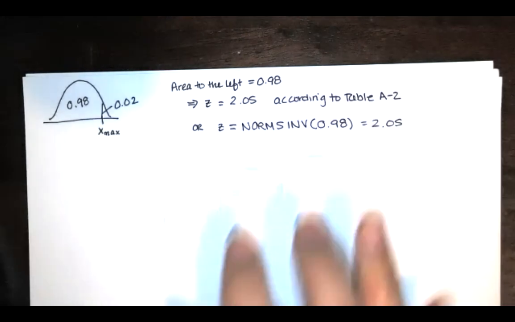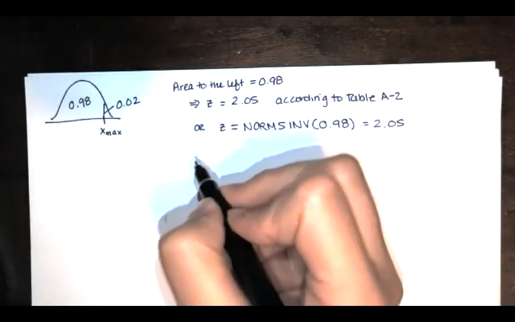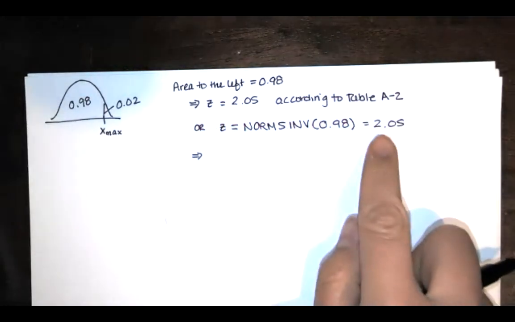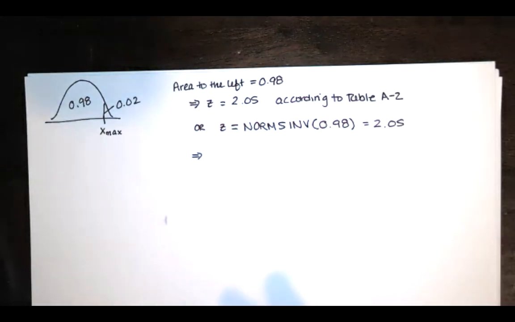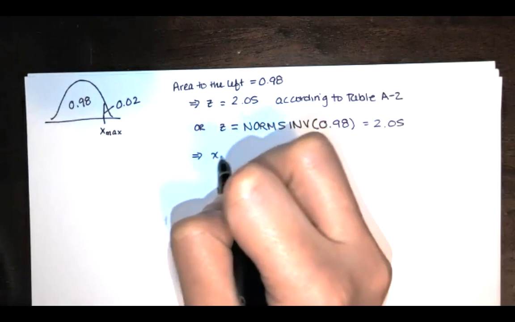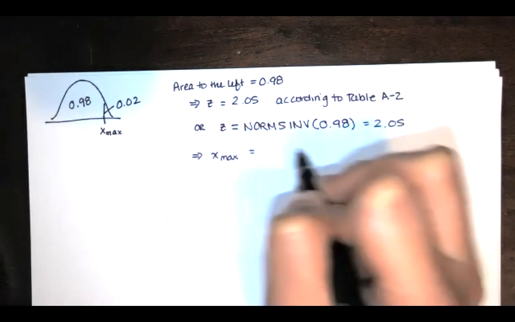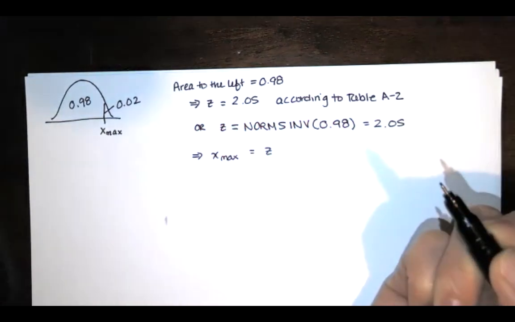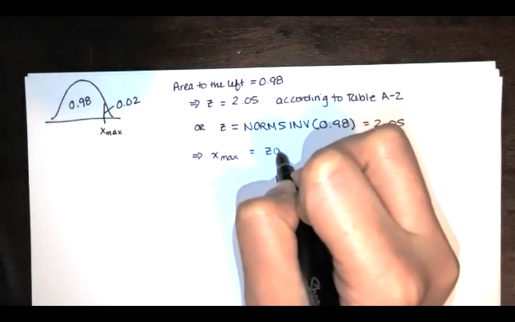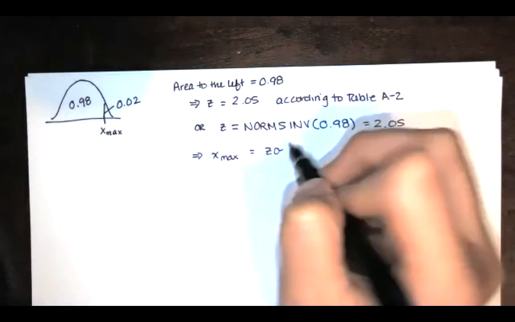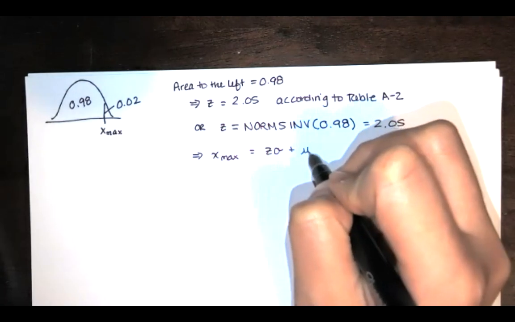Now, those are z-scores, but we wanted x values, so we've got to convert. We want the height that is 2.05 standard deviations above the mean. To find that height, we take our 2.05 standard deviations, multiply by the size of a standard deviation, and then add the mean.